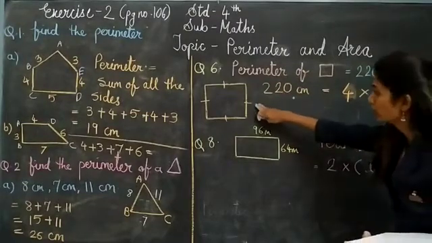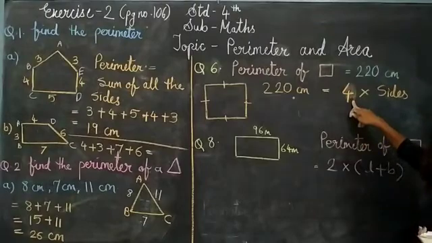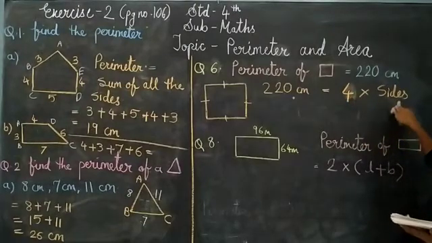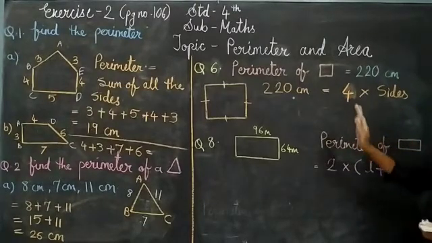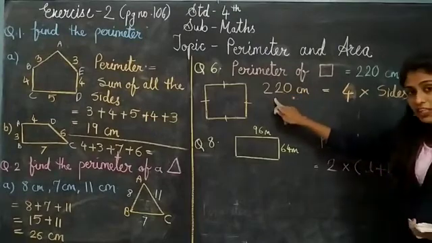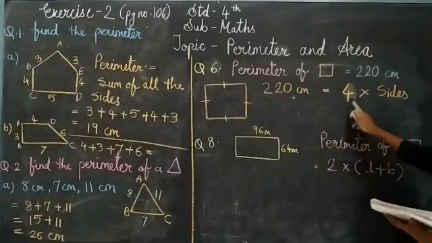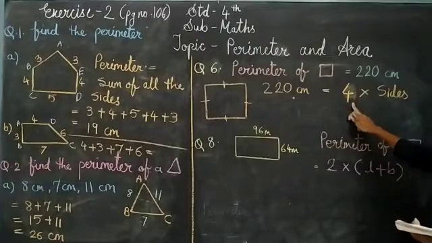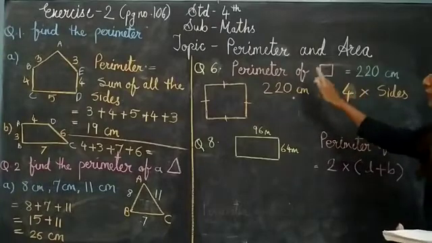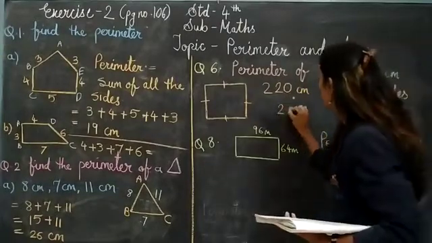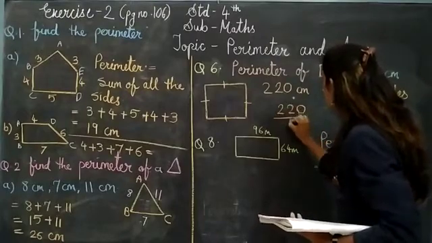As it is a square, children, there are 4 sides. Okay, 4 multiplied by sides. But here sides are not given, directly the perimeter is given. So what are we going to do? We are going to shift this 4 under, and we have to divide.